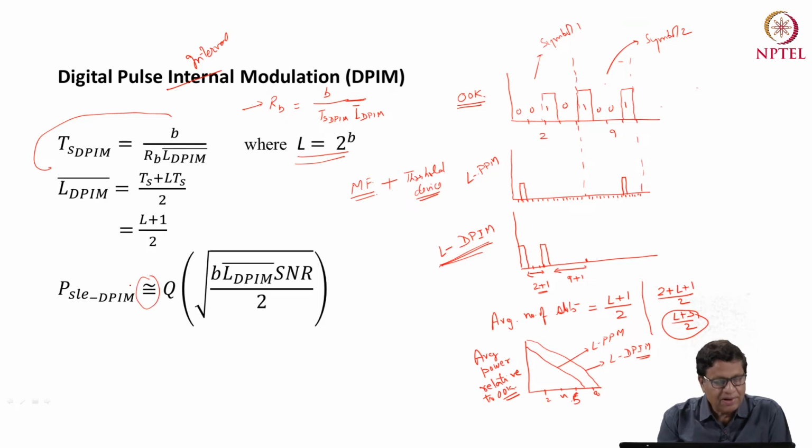This is an approximation value of the slot error probability. This is the Q function. Again, you have to recall from our earlier discussions. So this will be root of B, the average number of slots in a symbol, divided into SNR by 2. This is the probability of error for DPIM.